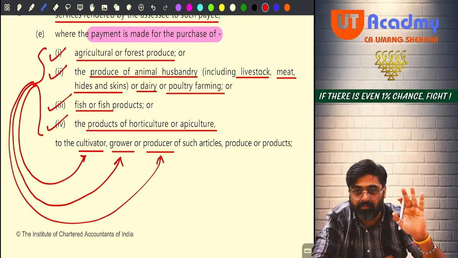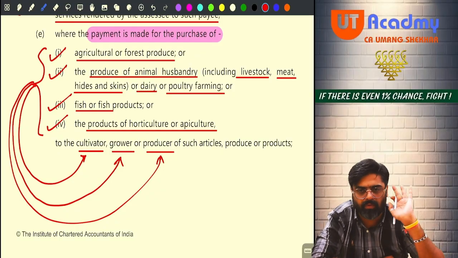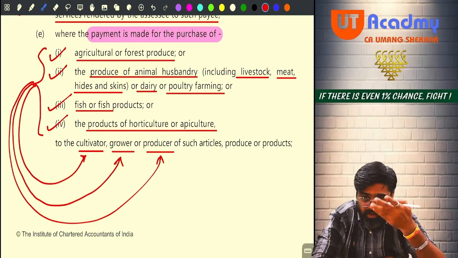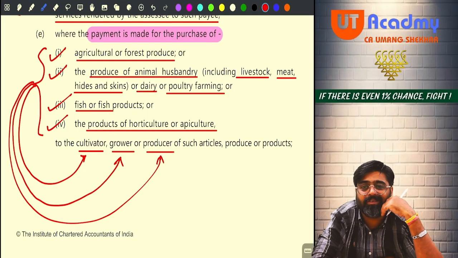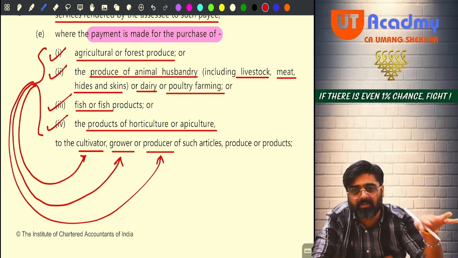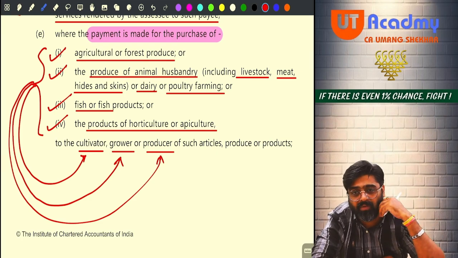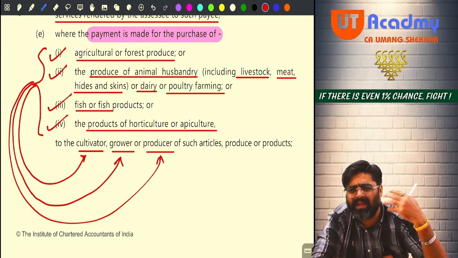So whatever payment you have made to that person, even if that payment is more than 10,000, you have paid by any mode, that payment will be allowed. No problem. Because we cannot expect you to make the payment to these people in prescribed modes. He's an agriculturist, a farmer, a cultivator, a very small person. He might not have a bank account. So if you are directly going and buying from them and making the payment, pay in any mode.